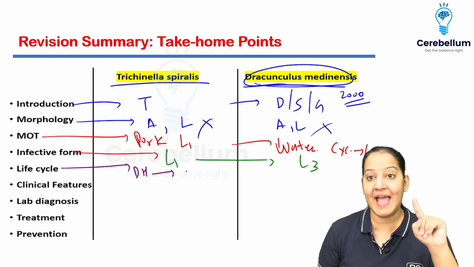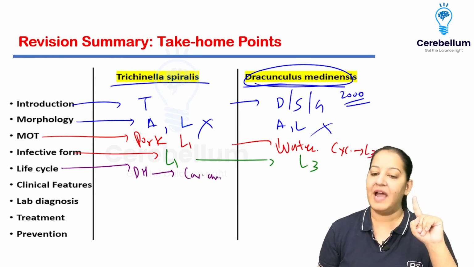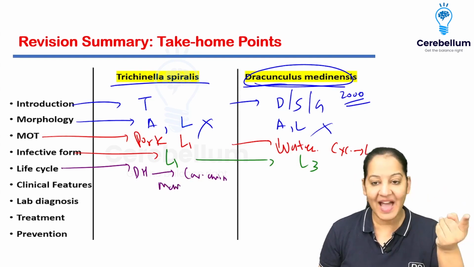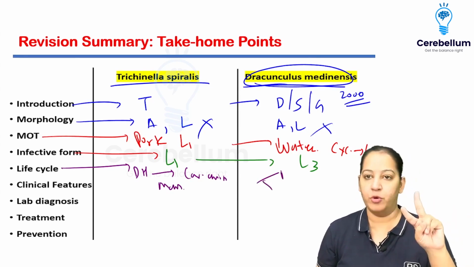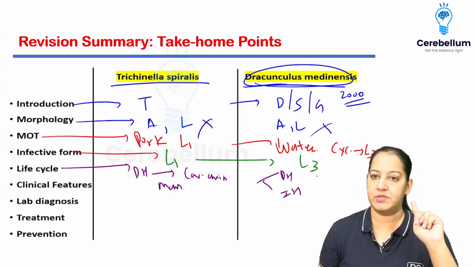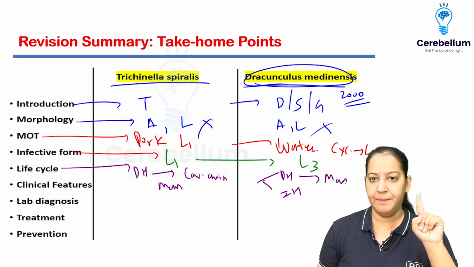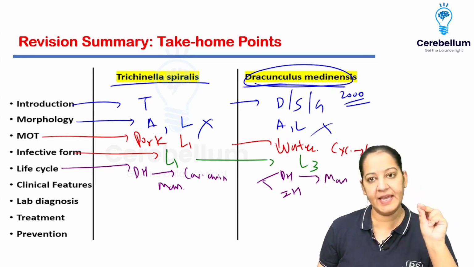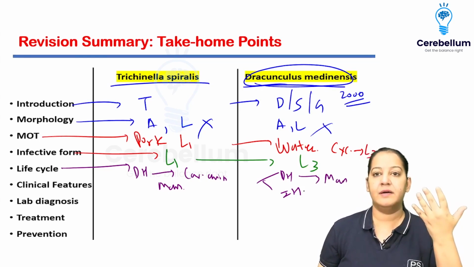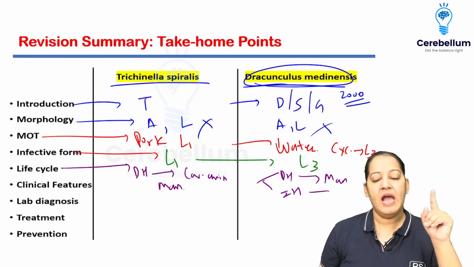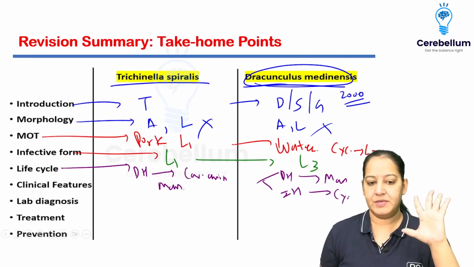The definitive host is any carnivorous animal like the pig, and man is the accidental host. But in dracunculosis we have both the definitive host and the intermediate host. The definitive host is man, because male and female fertilize in man, and the intermediate host is the cyclops.